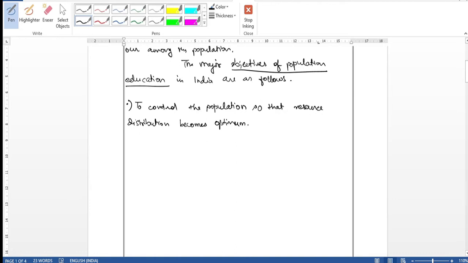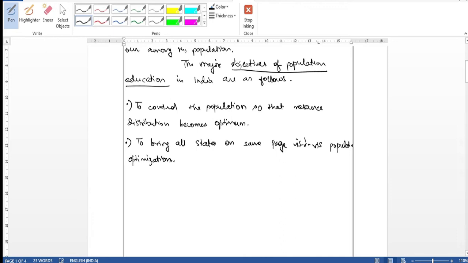Example, or take an example. The second can be to bring all states on the same page vis-a-vis population optimization.